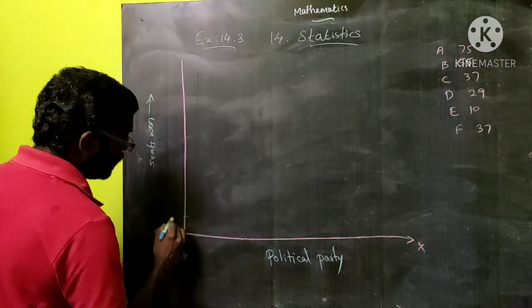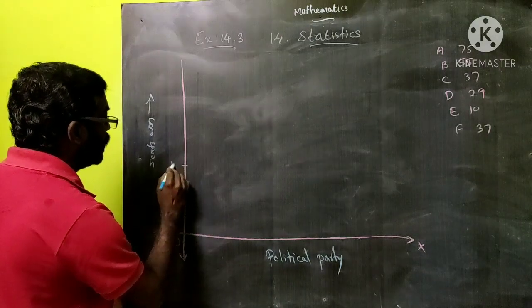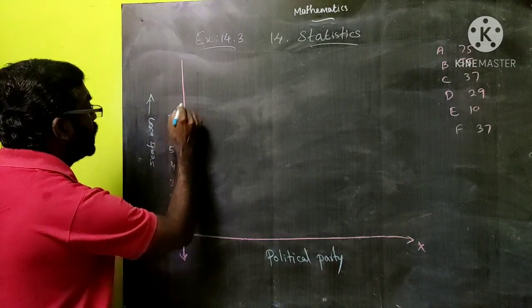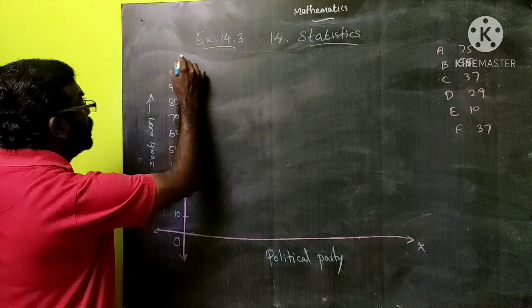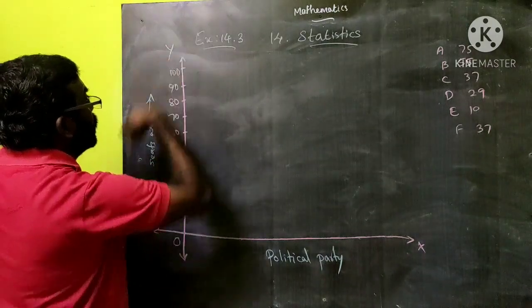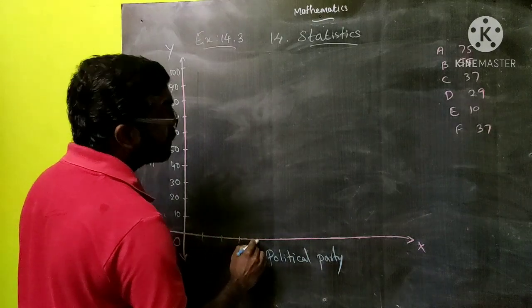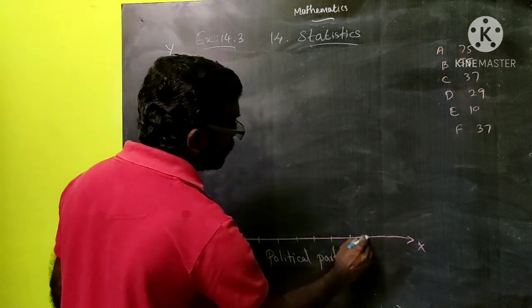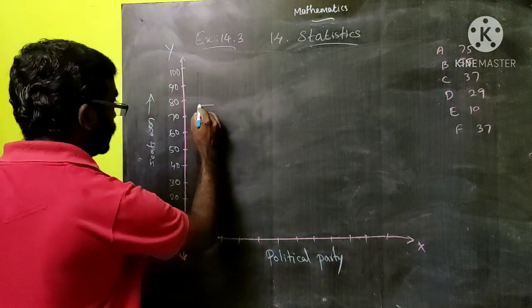So here we can mark 10, 20, 30, 40, 50, 60, 70, 80, 90 and 100. Okay. Now the first one is political party A won 75 seats. So here we can mark it 75.